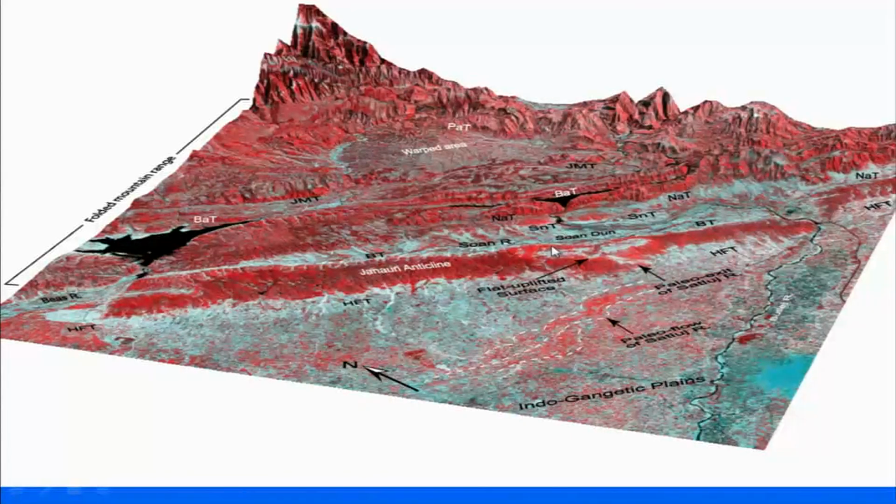And then what you see here is devoid of some drainage, but the slope in this area and this area is in this direction as well as in the opposite direction.